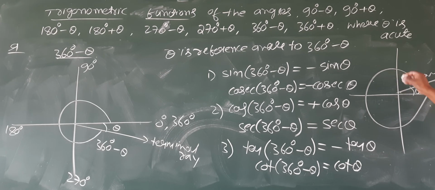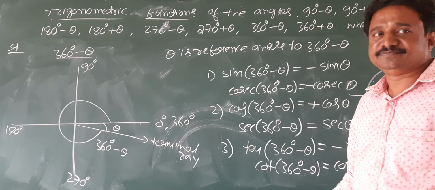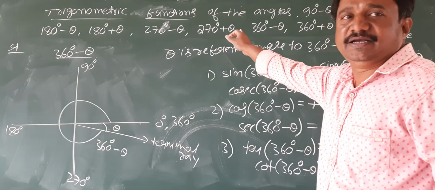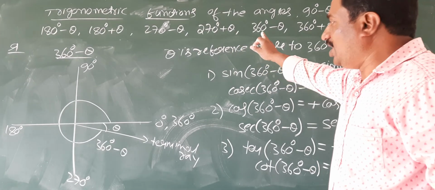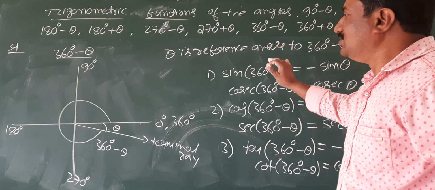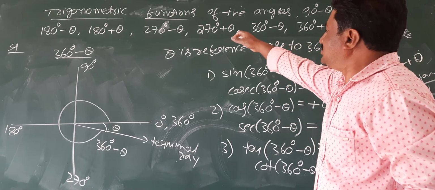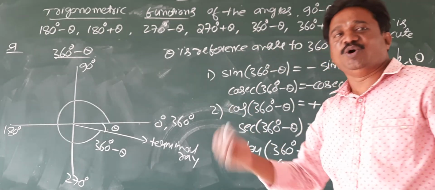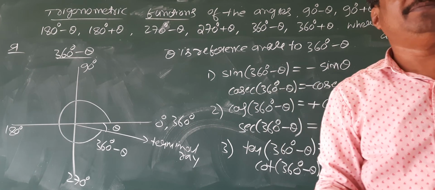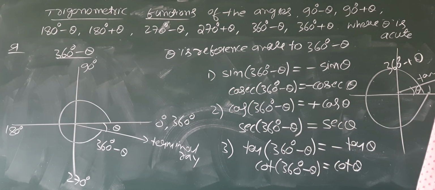You use that for 360 degree plus theta. I hope you understood, students. You solve these on your own. Similarly, you solve 270 plus and all those on your own. If you get a doubt, you call me or send me a message. I will explain. Let us stop this class.